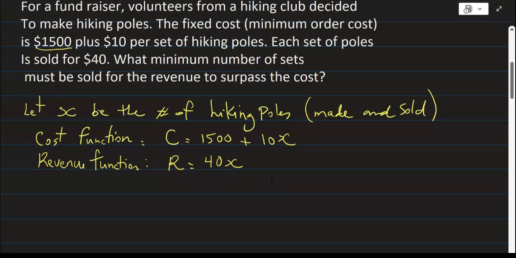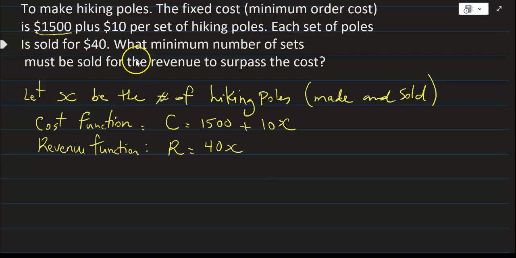We've got two different functions. Now look at the last part. What minimum number of sets must be sold for the revenue to surpass the cost? That means at what point R of x, the revenue function, will exceed, meaning be greater than, the cost function C of x.